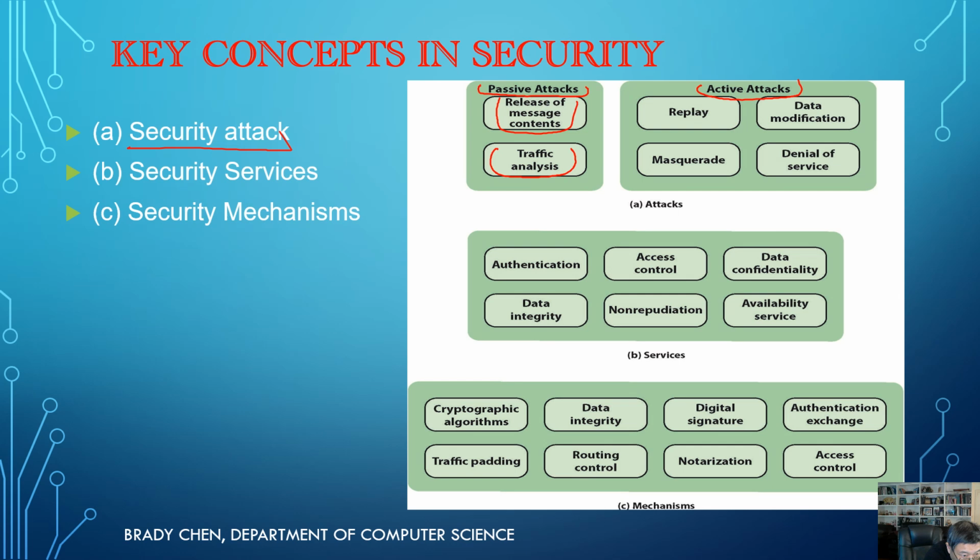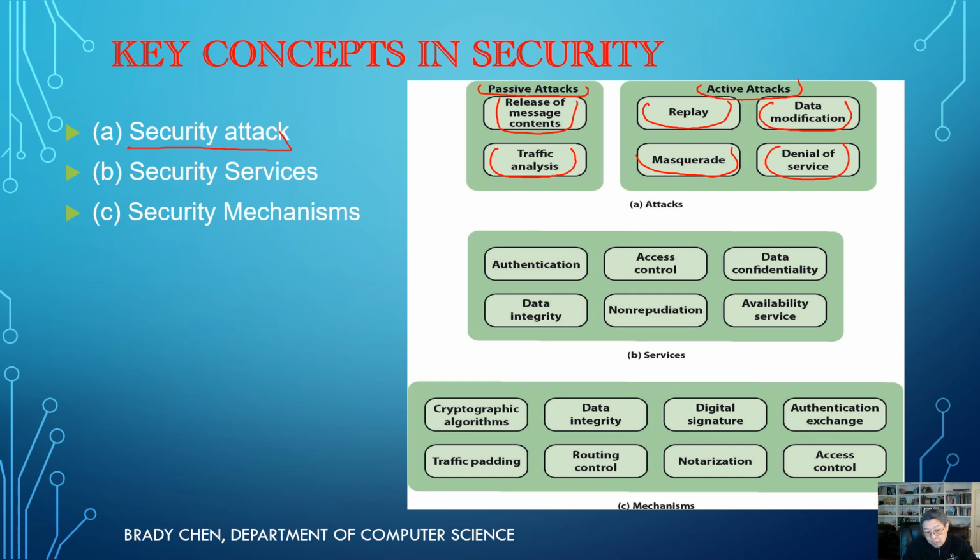Now for the active attacks, one of the examples is the replay. Okay, so they get the information and also play it as their own. Okay, masquerade, and also data modification, and the denial of service.